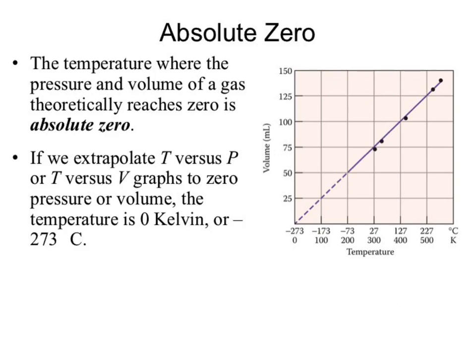One of the other big things that comes out of the ideal gas law, PV = nRT, is absolute zero. If we think about the temperature, the units used in the ideal gas law are Kelvin, not degrees Celsius or Fahrenheit.